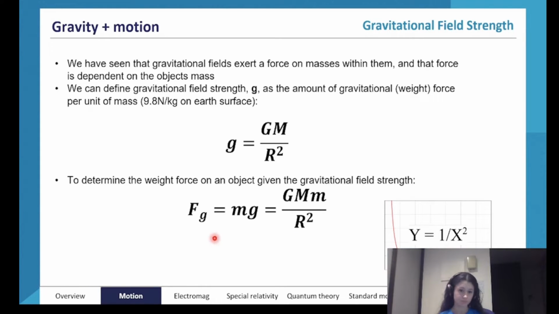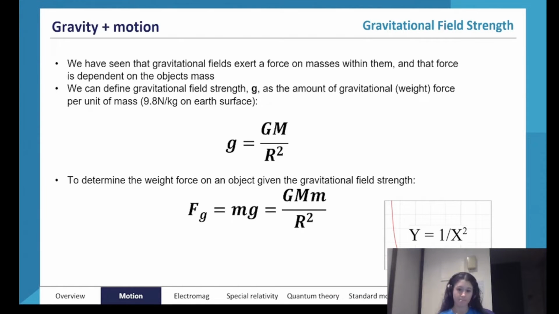So this tells us the strength of the gravitational field, the 9.8 meters per second squared. That's the acceleration, the 9.8 newtons per kilogram. And this one tells us the force that an object is going to experience as a result of that gravitational field strength. So of course, the force is going to be in newtons.